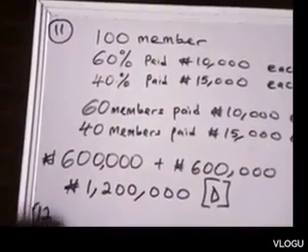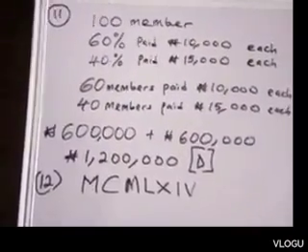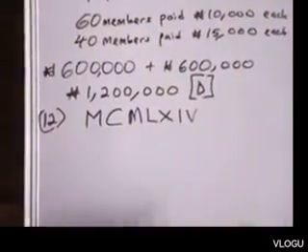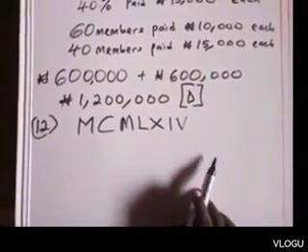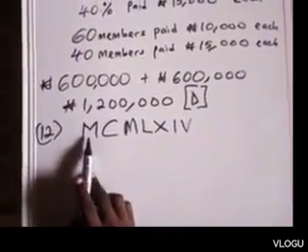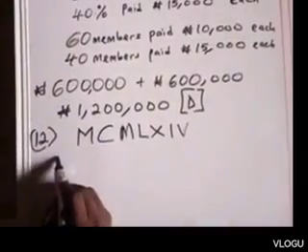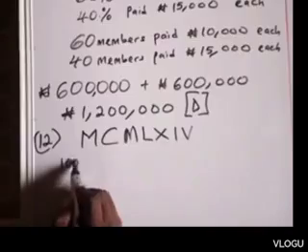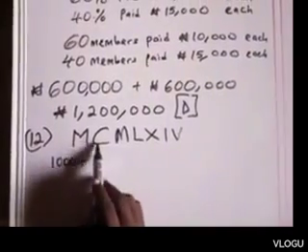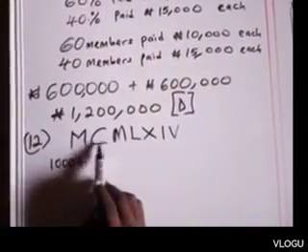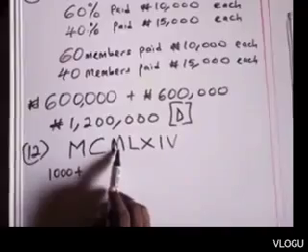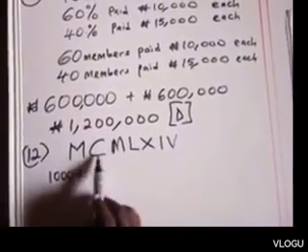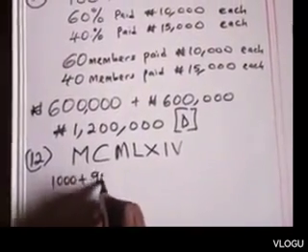Now to question number 12. Okay, to question 12, we have this Roman numeral and we are asked what it represents. M in this place represents 1000, plus, when we have CM, that is saying take away 100 from 1000, and that is 900. So CM represents 900.